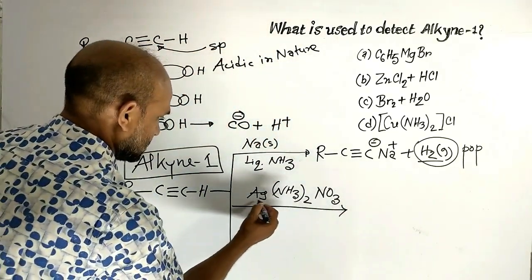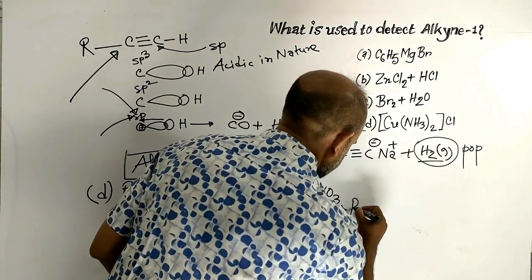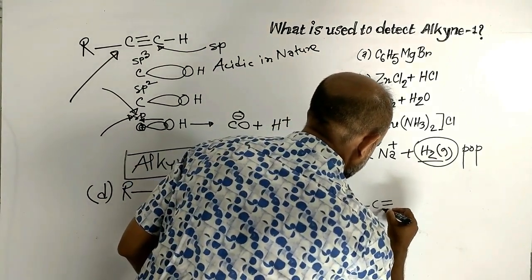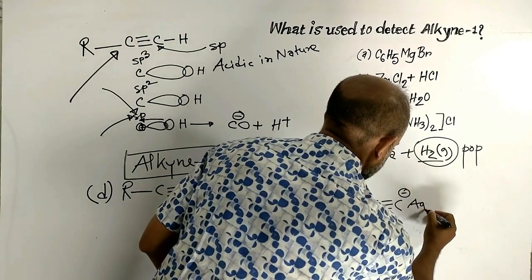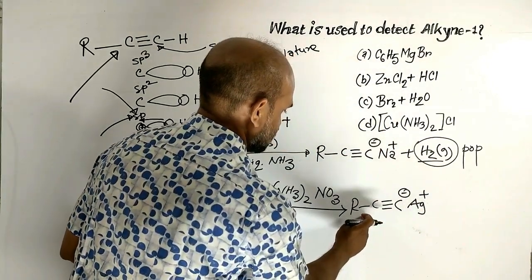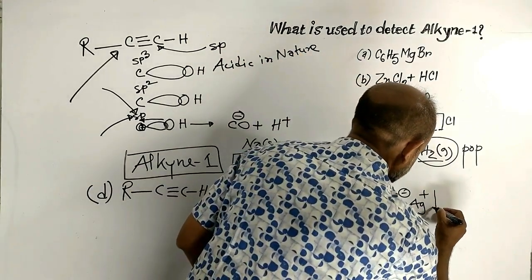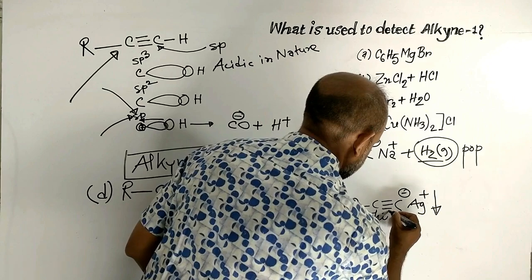Here, silver replaces this hydrogen to form this one, silver plus, silver alkynide, which deposits as white precipitate.